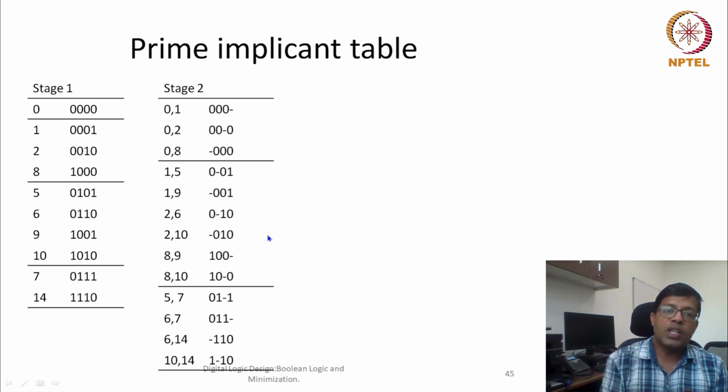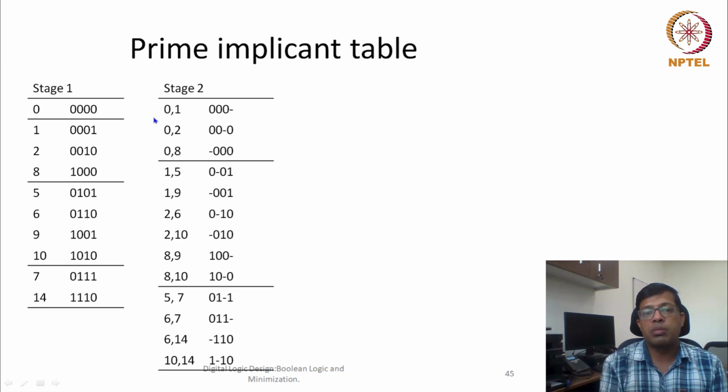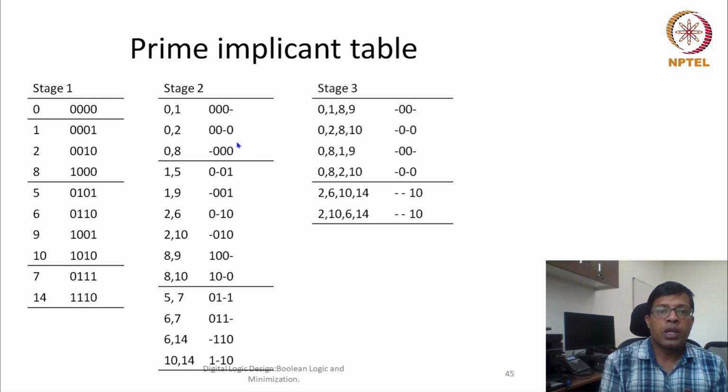So in stage 3, we again compare the pairs of minterms, or whatever implicants we get in this group, with the implicants we have in the second group, the zeroth group and first group. So now we are comparing 0 1, all the pairs of this group with all the pairs of this group.